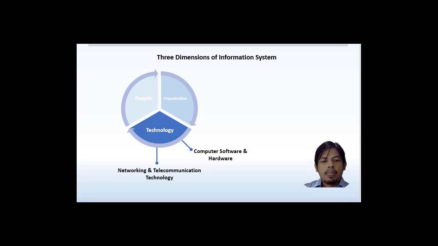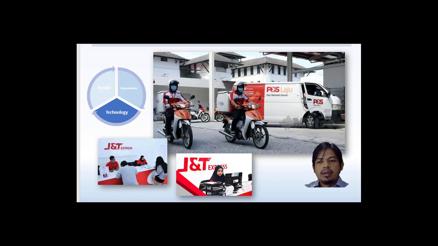Okay, now we have already discussed all of these dimensions. I give you an example to illustrate how these dimensions work with each other. I take the example of courier services such as Pos Malaysia and also J&T.